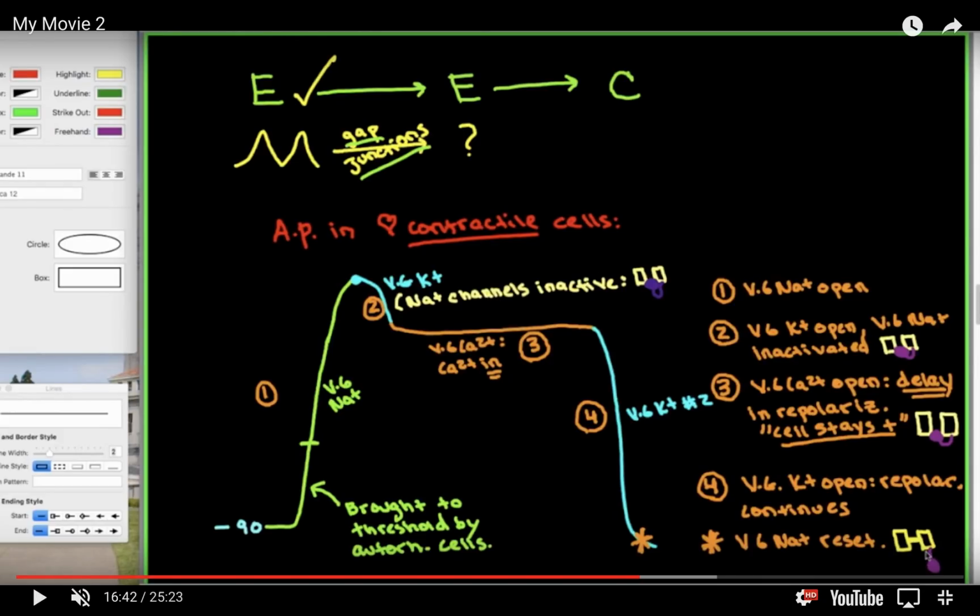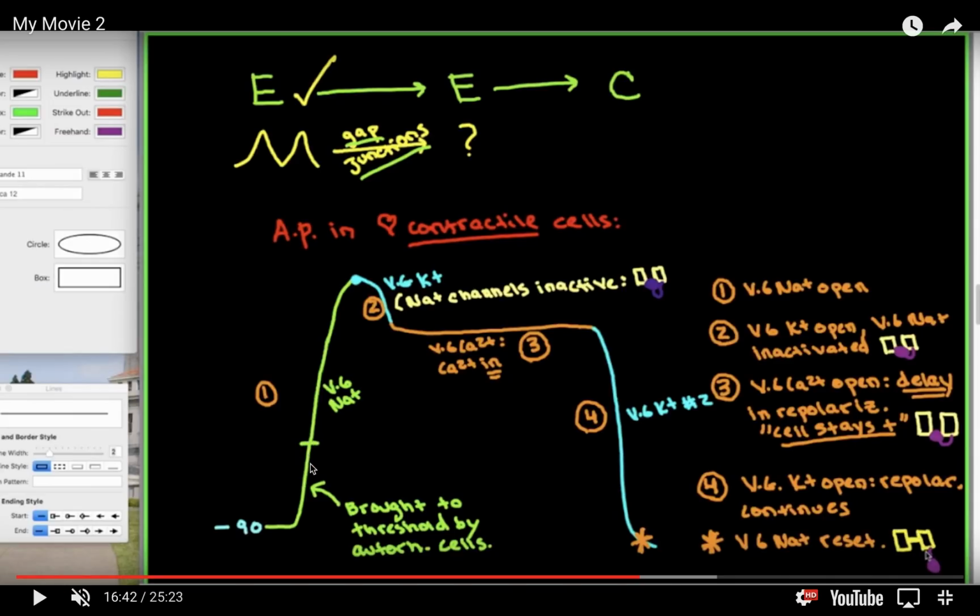So who cares? Whatever. Why is this important? Well, let's look at where the absolute refractory period starts and ends in this new action potential. We saw back in the day that the absolute refractory period begins when the voltage-gated sodium channel is open, so it begins right here. And it's not going to end until the sodium channels look like this.